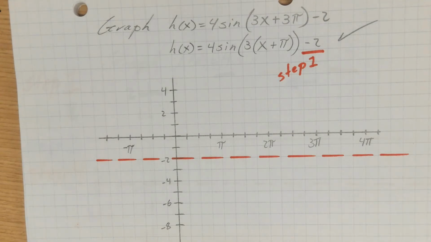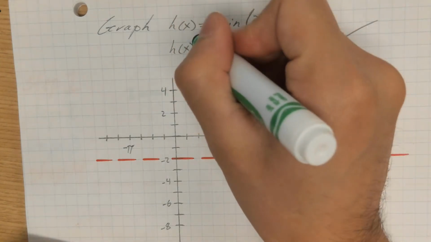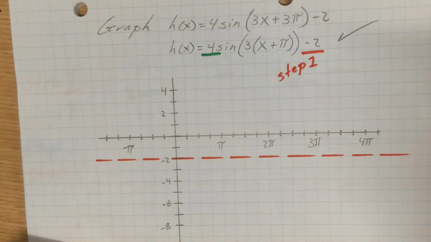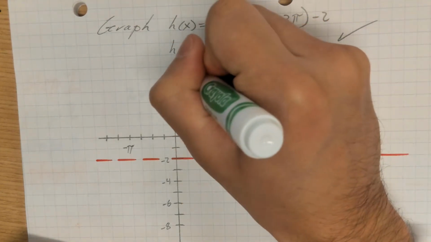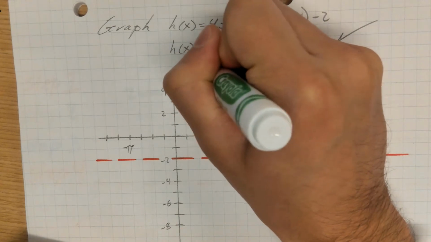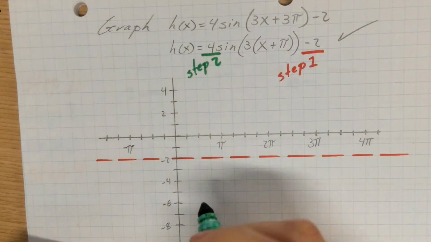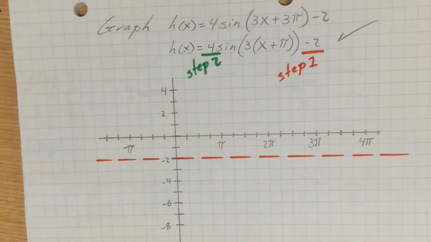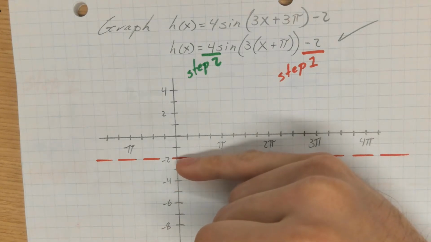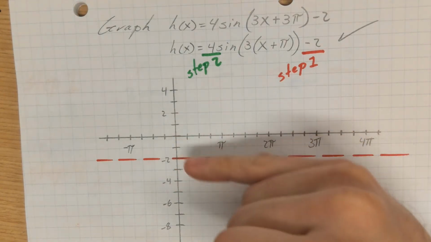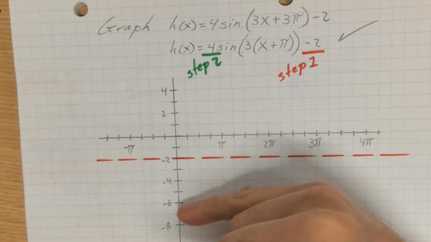Now step 2 is I'm just going to define the vertical limits, so I'm going to graph the amplitude. Step 2 is the amplitude. It's going to be 4 units. So from the midline I want to go 4 units up, and from the midline I want to go 4 units down.